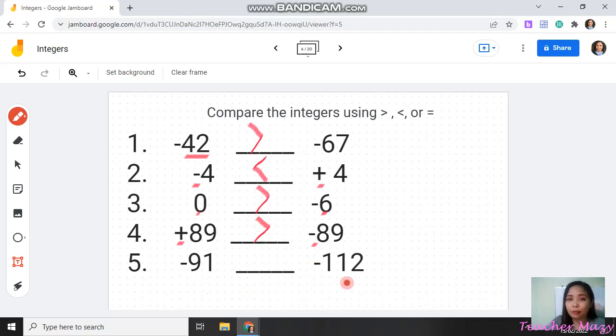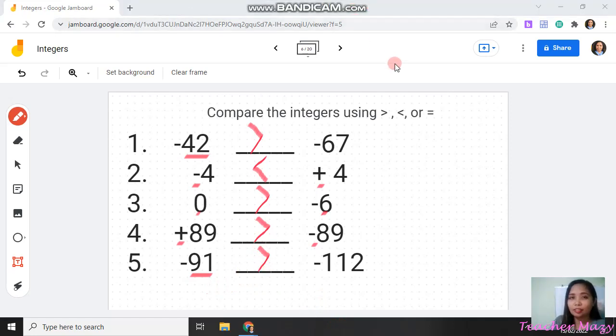Both of them are negative integers. Again, if both of the given are negative, the integer with the smaller absolute value is always bigger because it is closer to 0. So negative 91 is greater than negative 112.